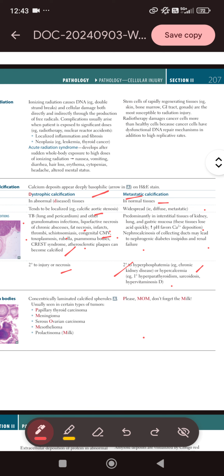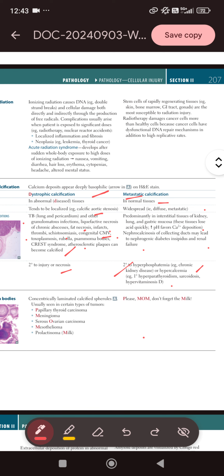And where it occurs, and what the calcium level in the blood is.